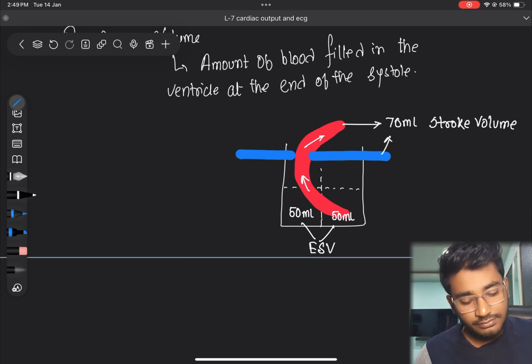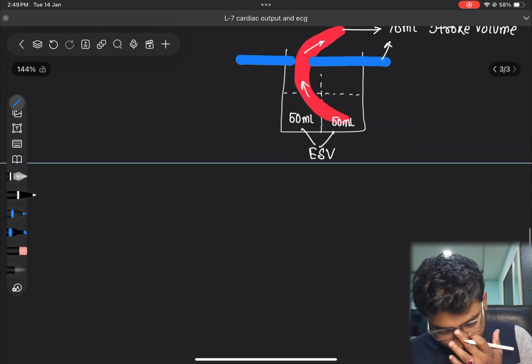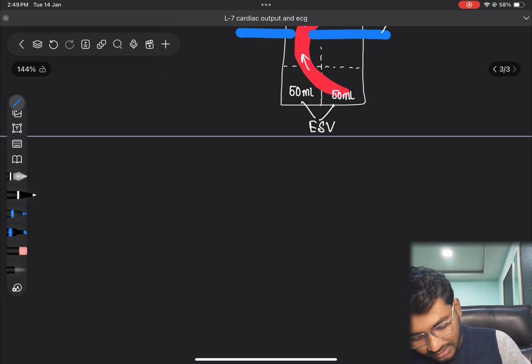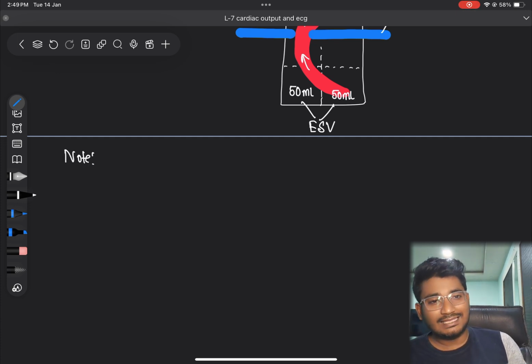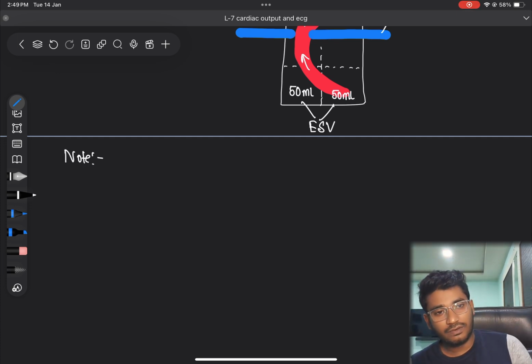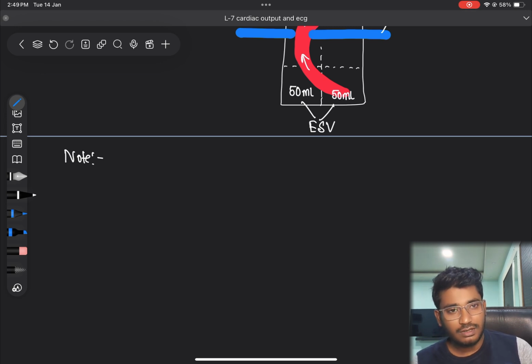Okay. Now come to the next part. Please note one thing: in the case of athletes, they do not follow this type of calculation.